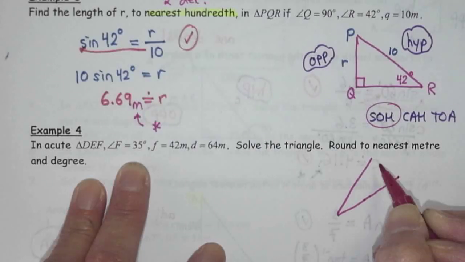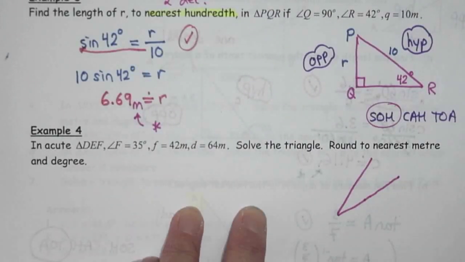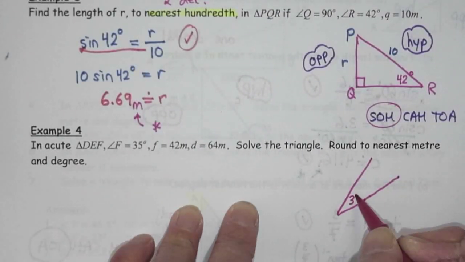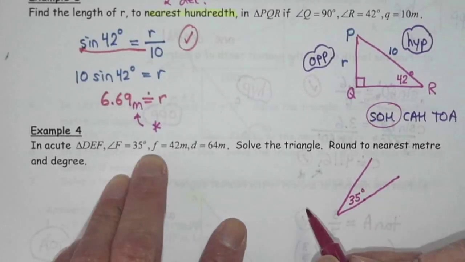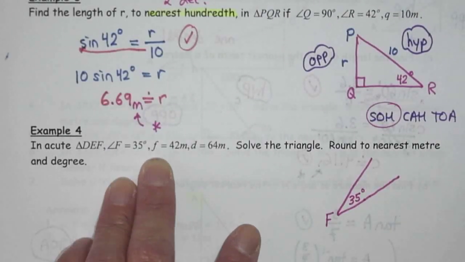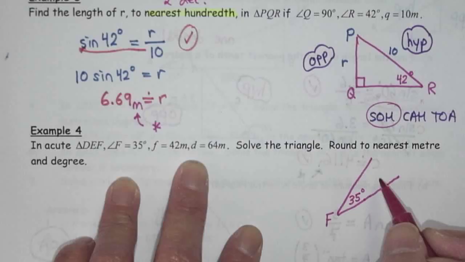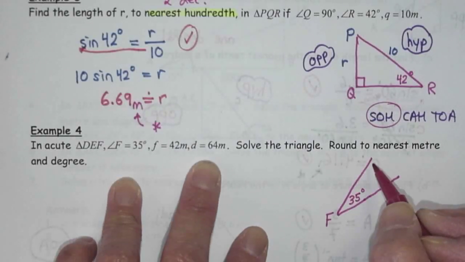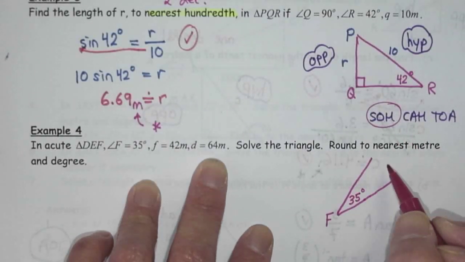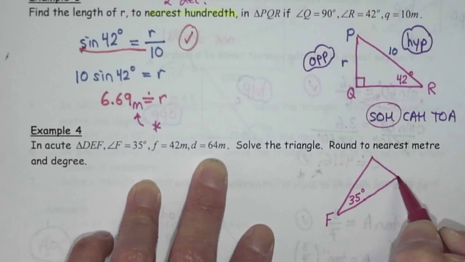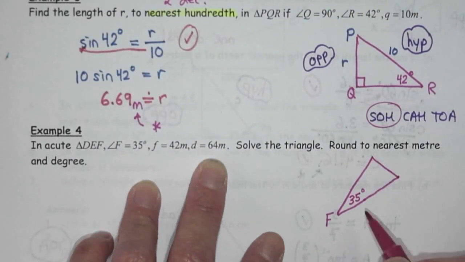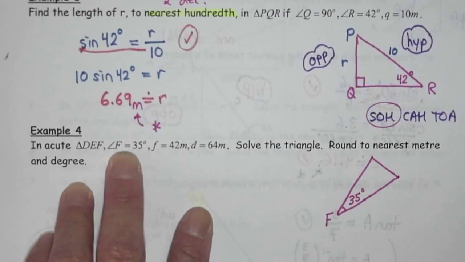So 35. I'm making it small. That's angle F. f is 42. D is 64. So I'll just drop it here. I don't know where to drop it, wherever. So I know that this one's 35. Then I'm going to label the rest.